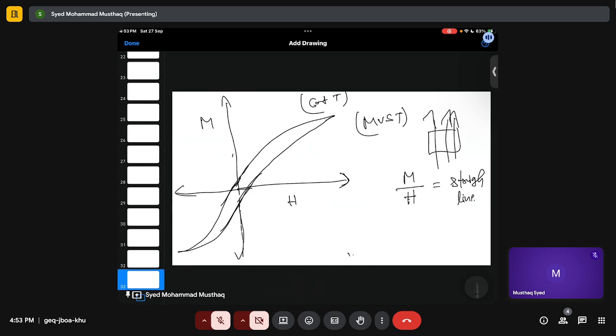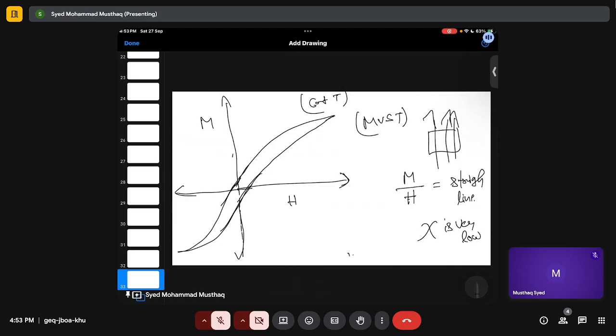M by H will have a constant value, and that is given as susceptibility. So if my susceptibility is very low, then I can say my material is a paramagnetic material. And there are soft magnetic materials and hard magnetic materials.